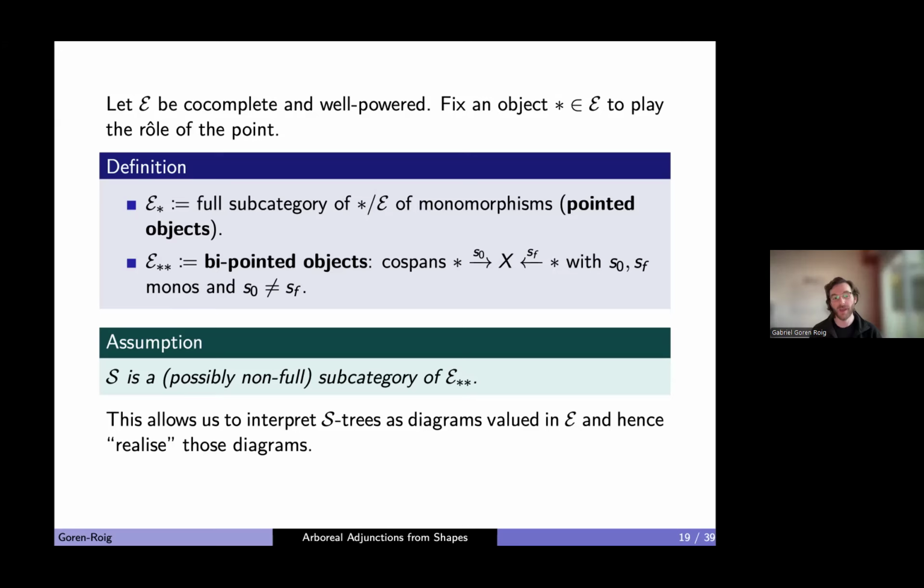And so now our category of shapes is a possibly non-full subcategory of the bipointed objects in E. And this is what's going to connect the S trees with the extensional category. This is intuitively similar to how we can realize presheaves. So that's also maybe part of why we're calling this a realization functor.